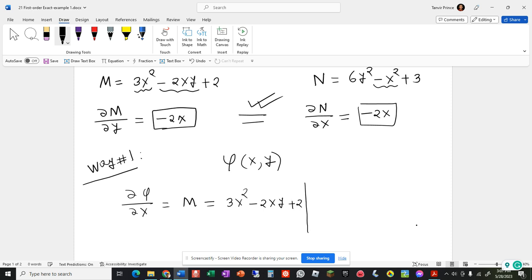And also the partial of phi with respect to y is N, which in this case is 6y squared minus x squared plus 3. Those are the M and N given in the question.